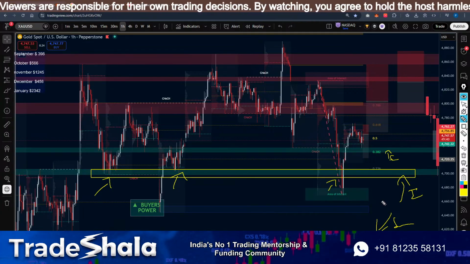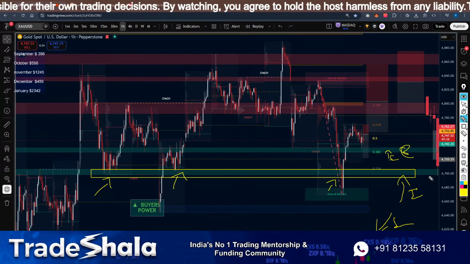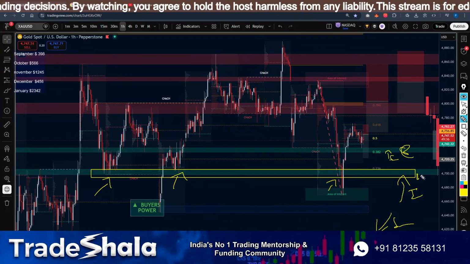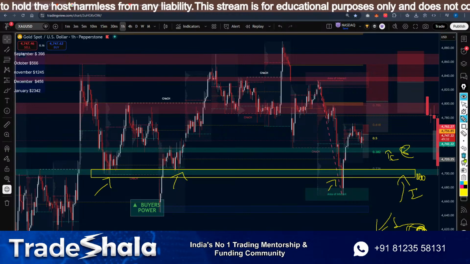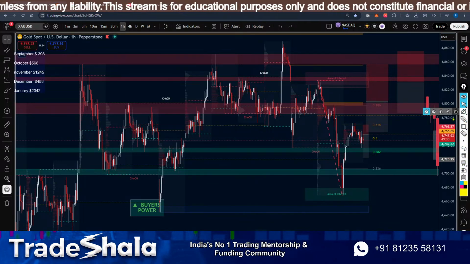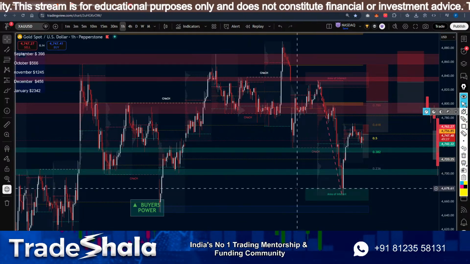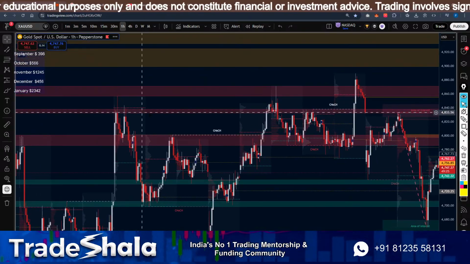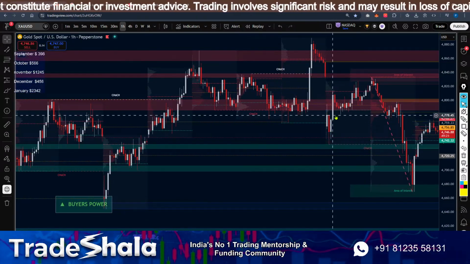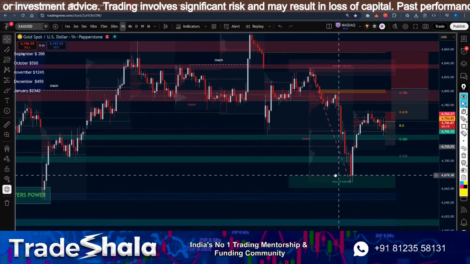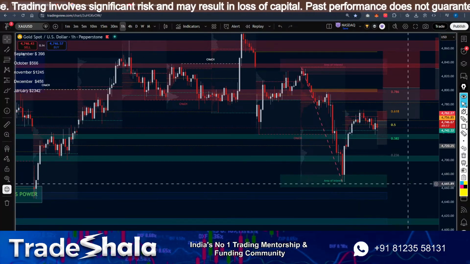Some buyers will come over here, more buyers will come over here, based on how discount, how premium it is. Currently we are at a resistance and we are aggressively trying to sell it down. We use this level, came back up, used this level, came back down. Now again we are using this level and trying to come back low.